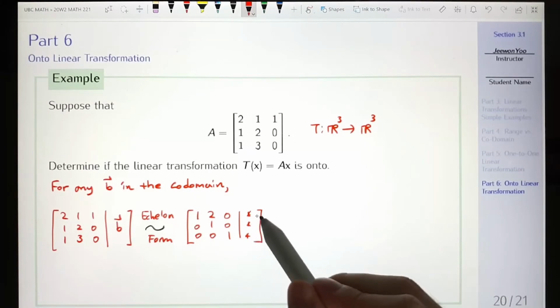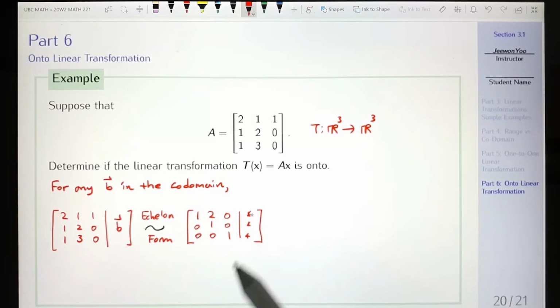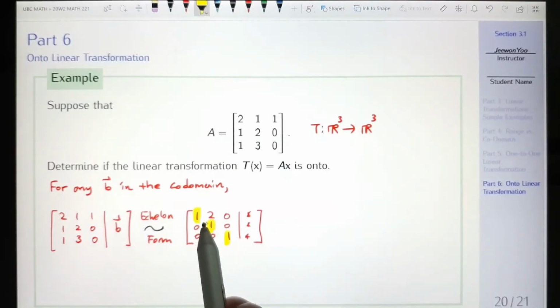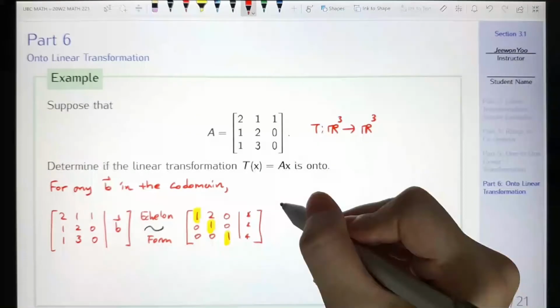And we don't care what these numbers are. We just want to count whether we have a pivot in every row or not. See, we have a pivot in every row. This means T is onto.